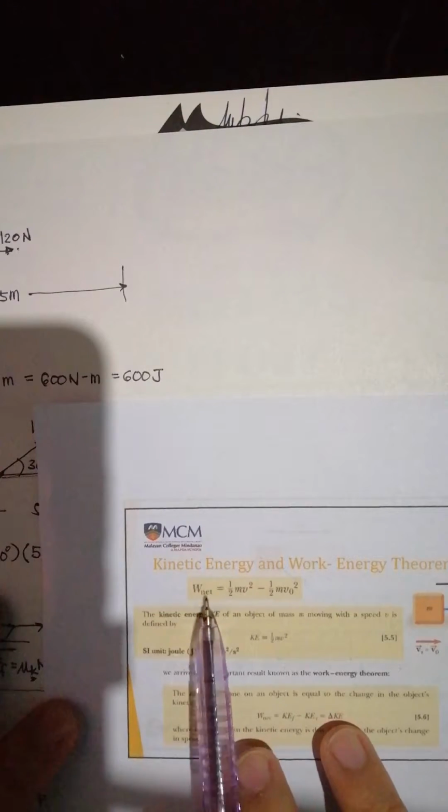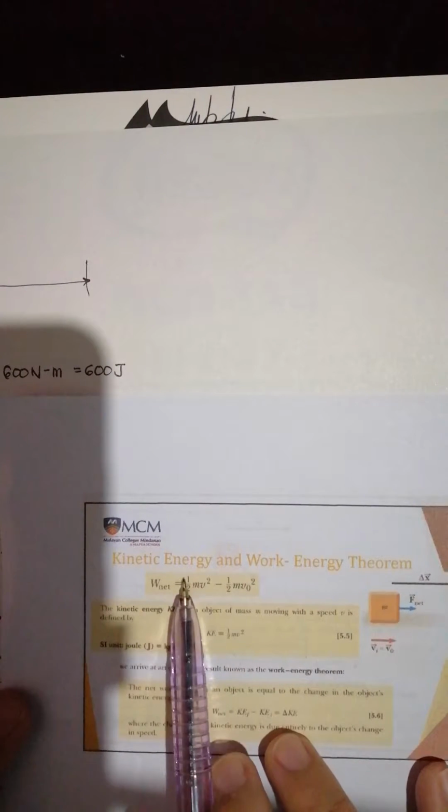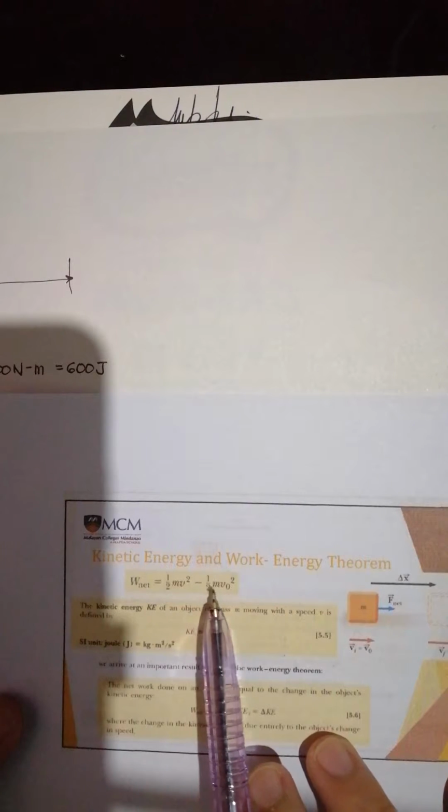Okay, so if that is the case, say we have this illustration, because there is a net force applied on this object and it has the tendency to be displaced. Say at the starting point we have our initial velocity of vo, and at the final point we have our velocity vf, so that the net work done on this object is equal to 1/2 m vf squared minus 1/2 m vo squared.